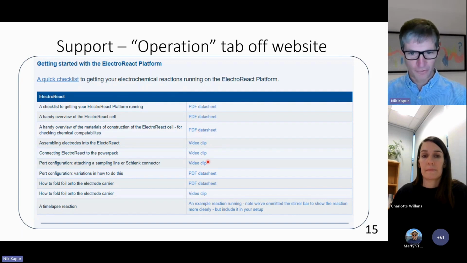And then there's a whole series of video clips. Again, these are just 1 or 2 minute video clips, so you can watch these and immediately have the confidence to go to the ElectroReact platform and start using it.